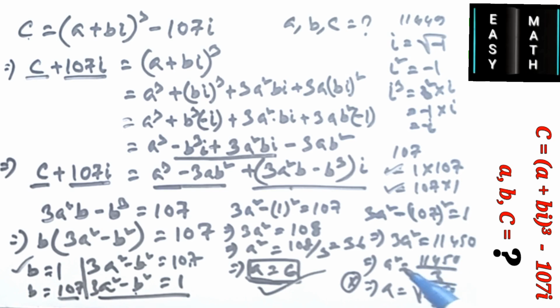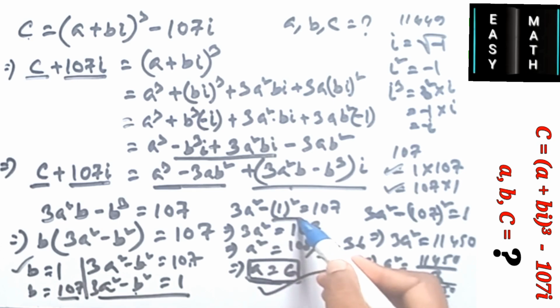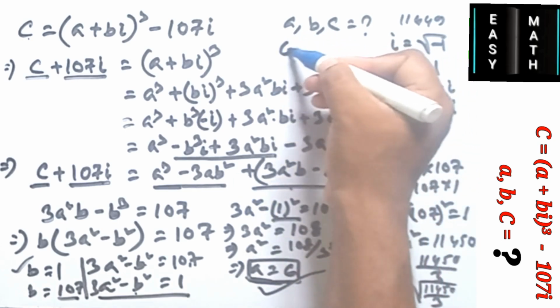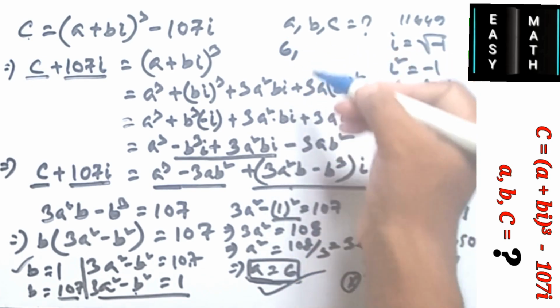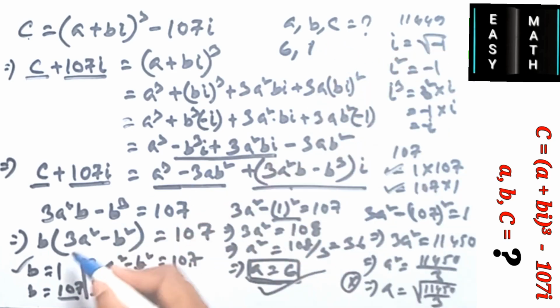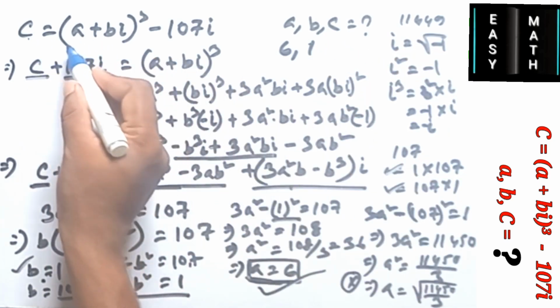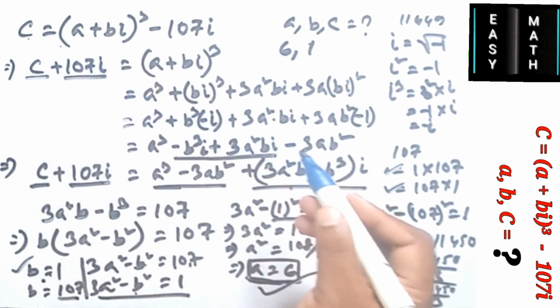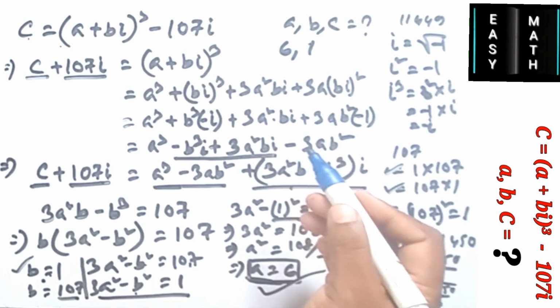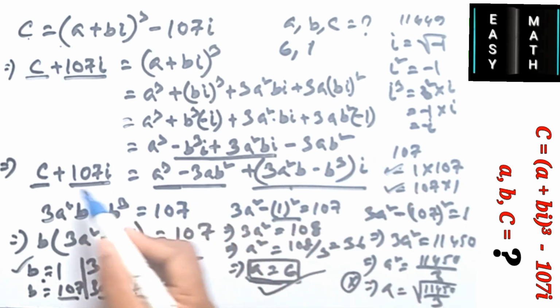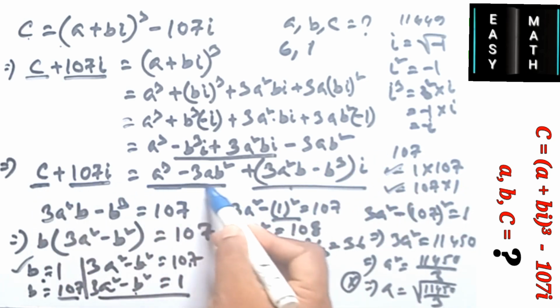So if a value is 6, then the b is 1, so a value is 6 and b is 1, and c value is, this is the c value.